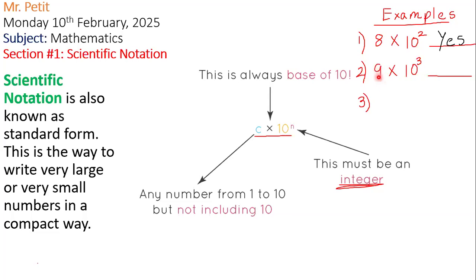Just because this is less than 10, that's not why. If I use 0, is 0 less than 10? Yes, sir. But can we use 0? It has to be between 1 and 10, right? So because it's a number from 1 to 10, then we could use it.